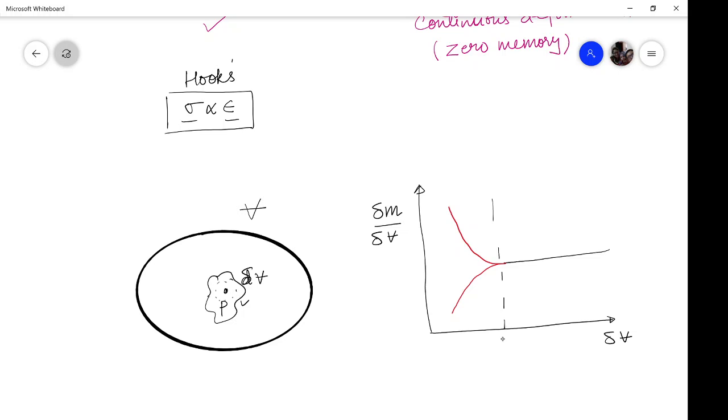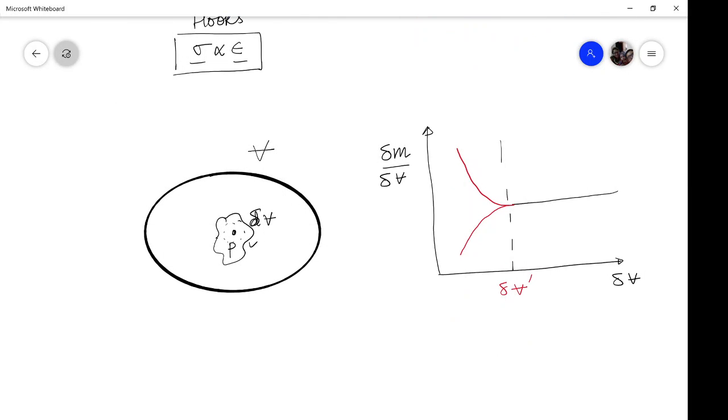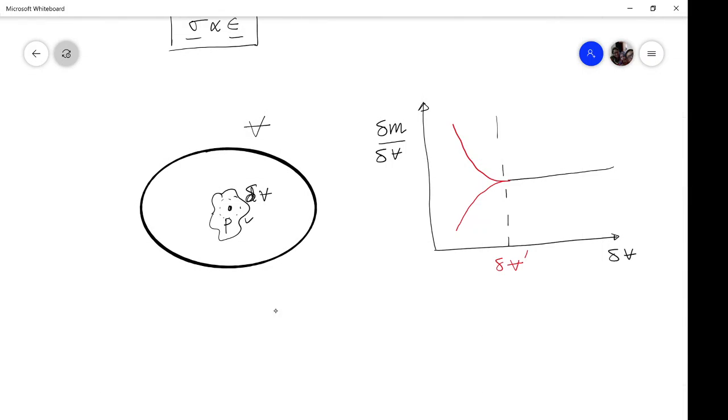This is because if you reduce the volume further beyond this, the dimensions of that particular domain would have been reduced to such an extent that if any molecules leave the domain, that will reduce the density, and if any enters, that will increase the density.